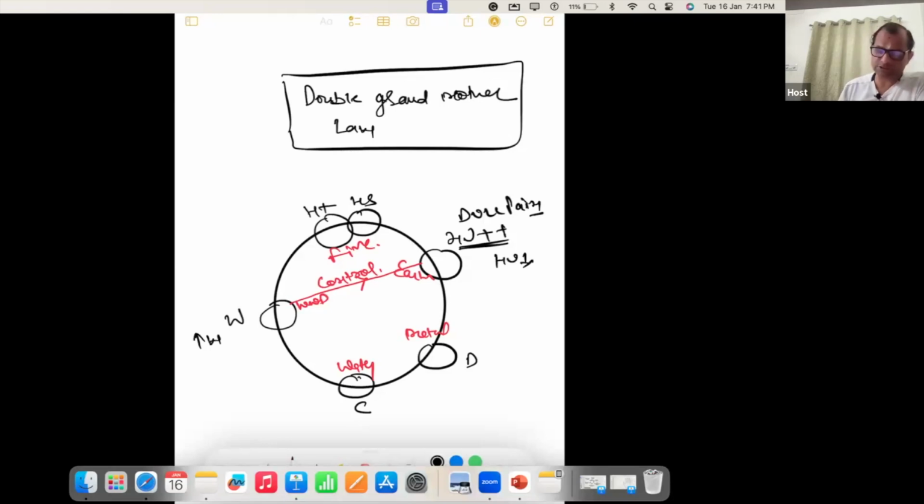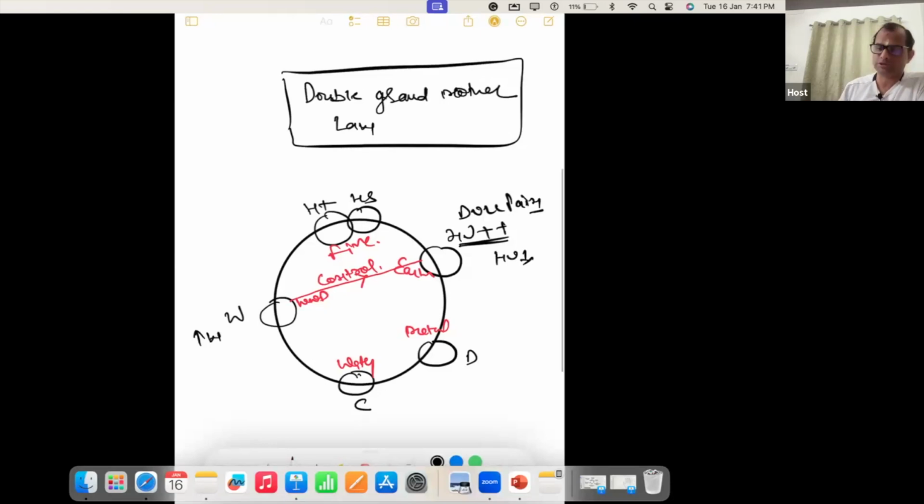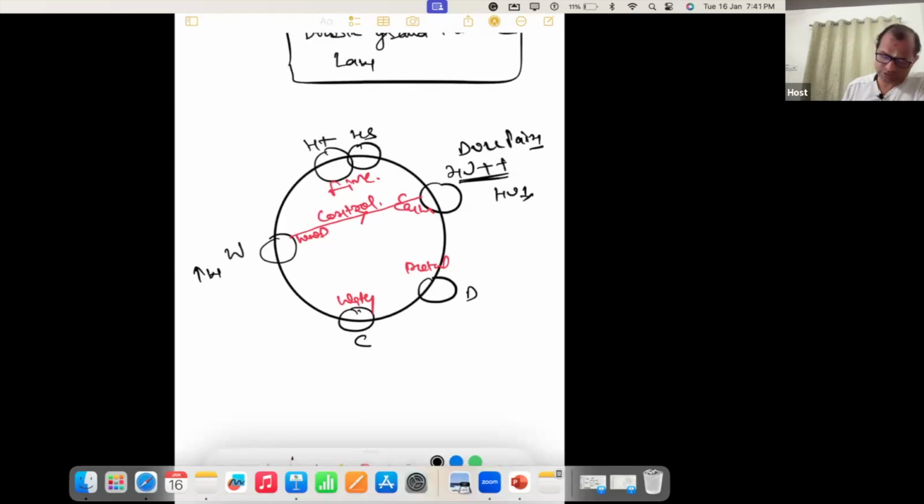Because grandmother is doing always opposite action to control the grandson. So sedate humidity and tonify wind. So this is my first grandmother. But remember one thing, grandmother is just opposite. If you're sedating the humidity, definitely you have to tonify the grandmother, means wind.